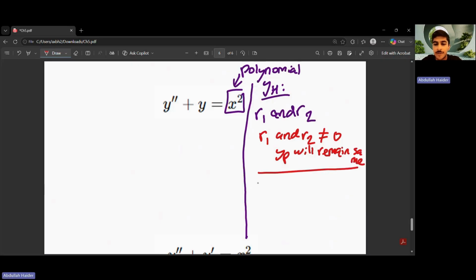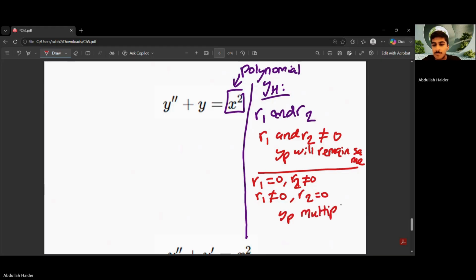If either one of R1 equals 0 and R2 does not equal 0, or if R1 is not equal to 0 and R2 is 0, basically one of them is 0, then your yp will be multiplied by x.